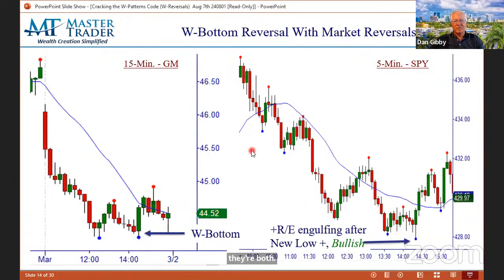These are different, but this is an example that Greg absolutely loves: day trading Spiders and index ETFs, or anything for that matter. So we're in a downtrend, big momentum move down. It's going sideways, breaks the lows.